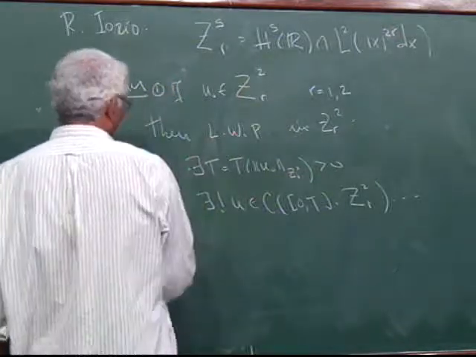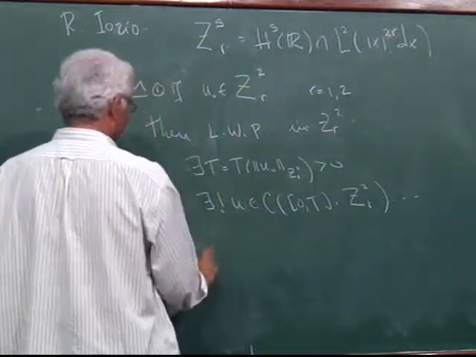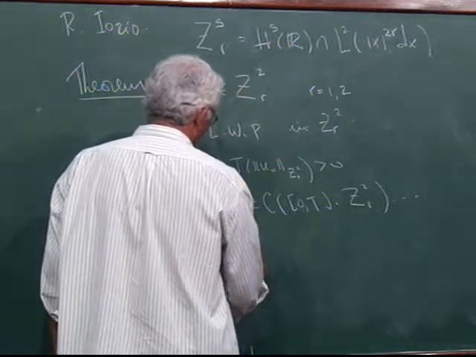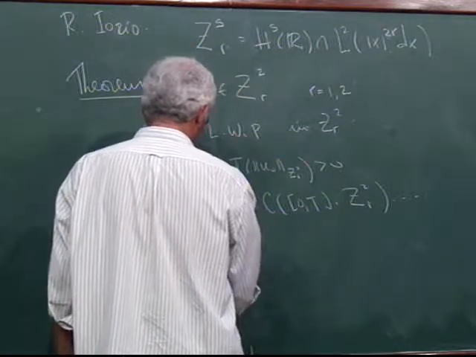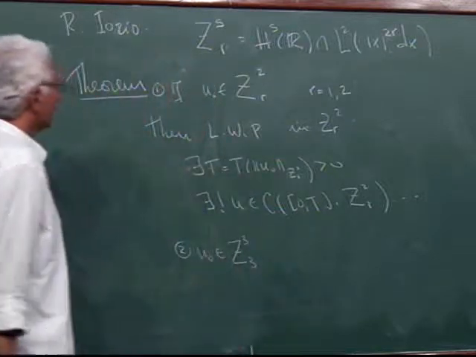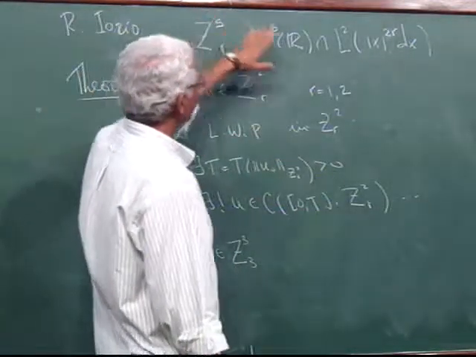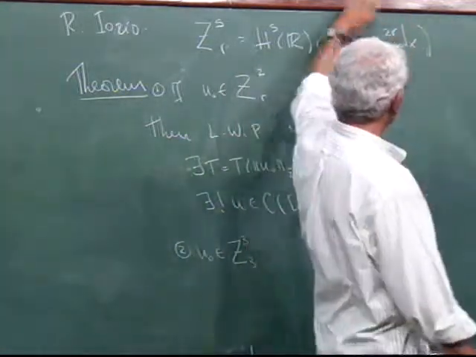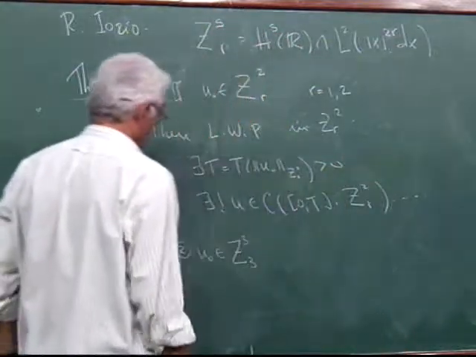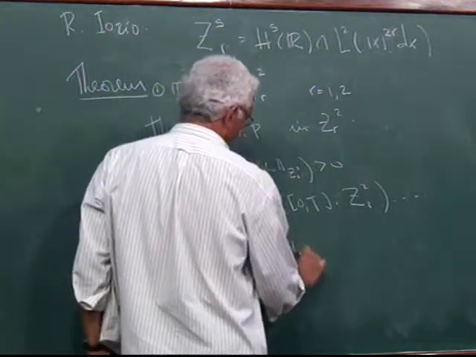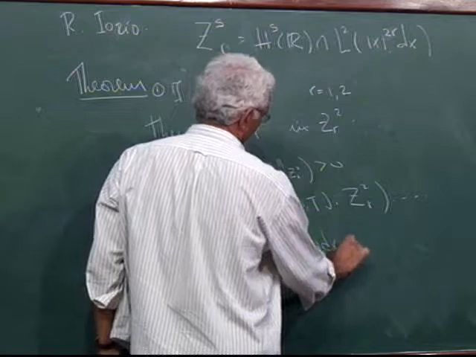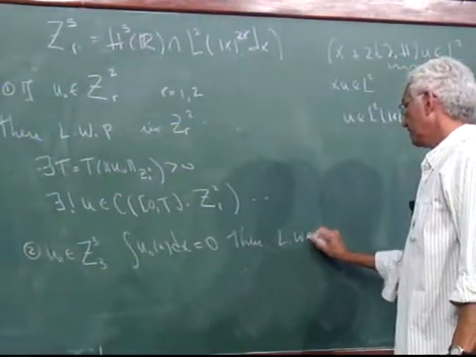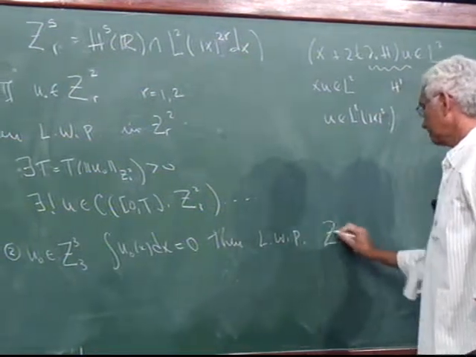Okay. Then he proved that if you want to preserve 3, you go like this and you say, well, suppose that you are in 3, 3. I put 3, 3 means that I want power 3 here and 3 derivatives, but since this is in L2, it's like putting 6 here. Okay, it's a matter of notation. Then you need this: if you have mean value 0, then you have local well-posedness in this space.